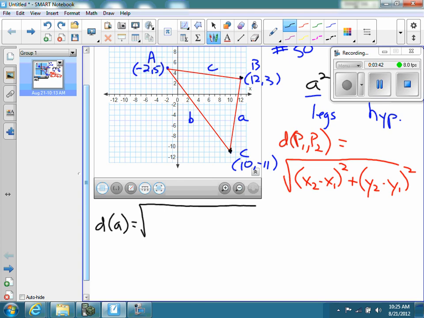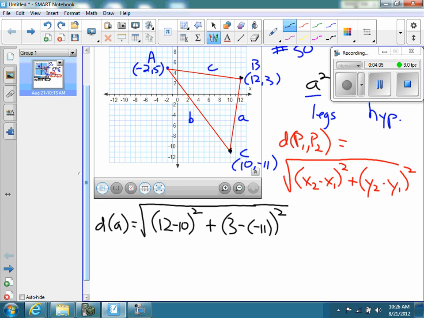Now I'll use B as my x2. So I have 12 minus 10 squared plus 3 minus -11 squared.